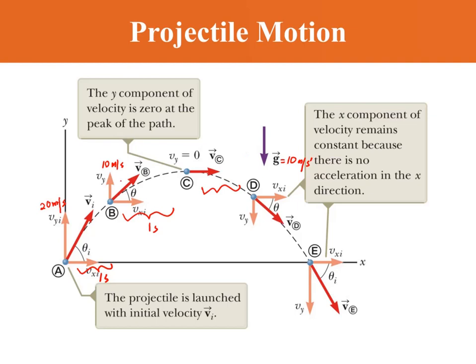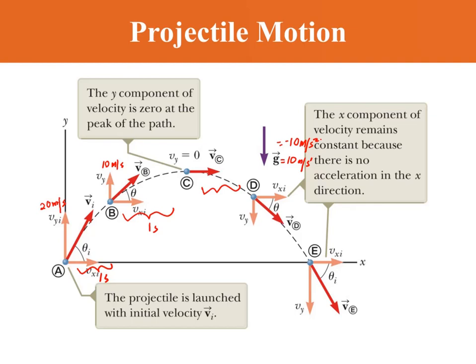Then 1 second after that, Vy becomes 0 plus negative 10, because every second there is a change of negative 10. 10 meters per second downward means negative 10 meters per second. So every 1 second, Vy has a change of negative 10 meters per second.